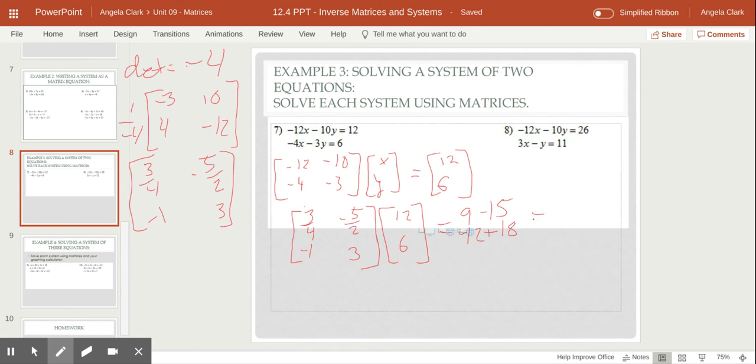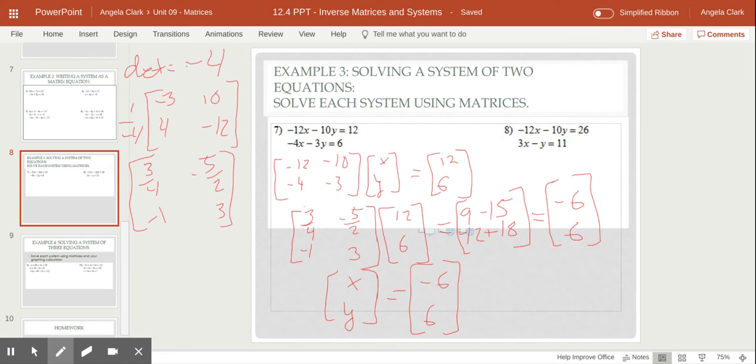So if I do that addition, I'm going to get negative 6 and positive 6. That's fun. Okay, so that tells me that xy equals negative 6, positive 6.